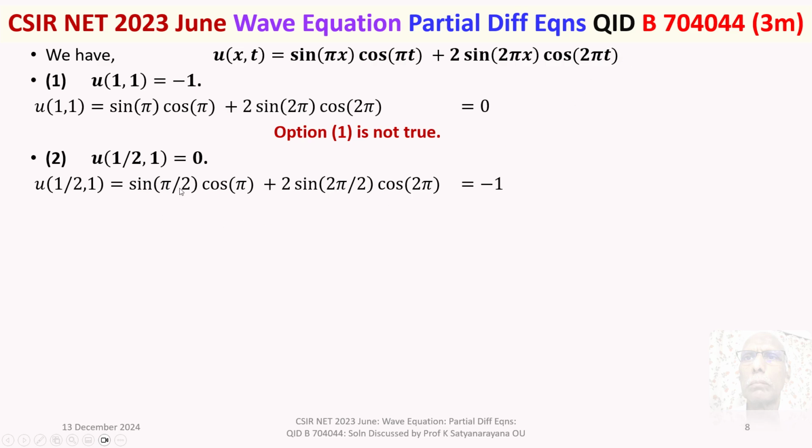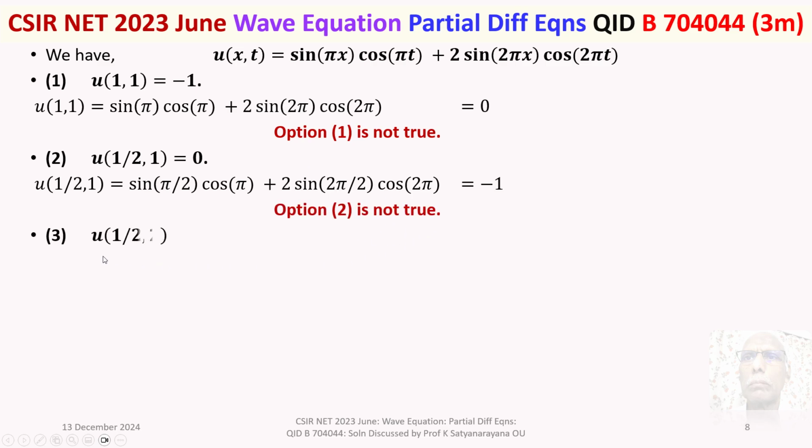Now here sin pi by 2 is 1, cos pi is minus 1. So 1 into minus 1 is minus 1, and sin 2 pi by 2 is sin pi, it is 0. The second term is 0. You will get minus 1, but it is given 0. Therefore, option 2 is not true.